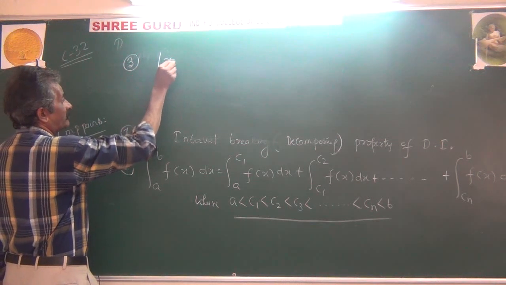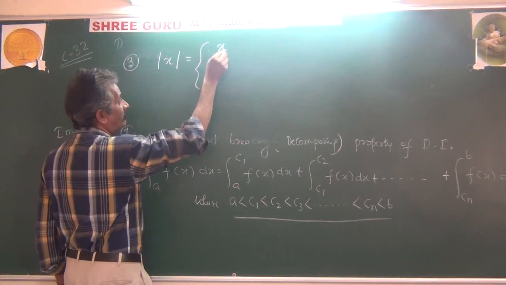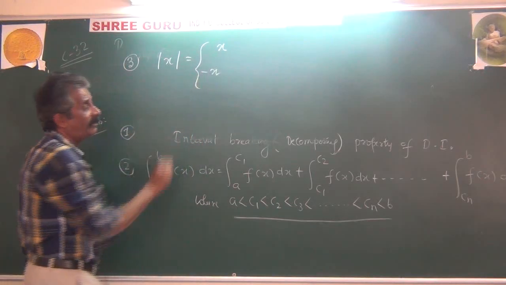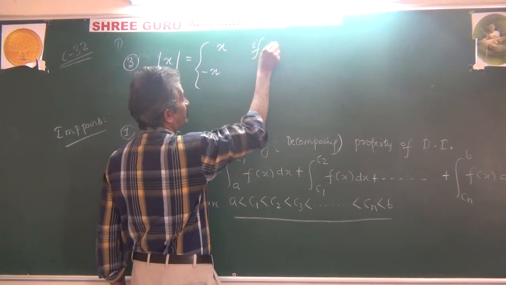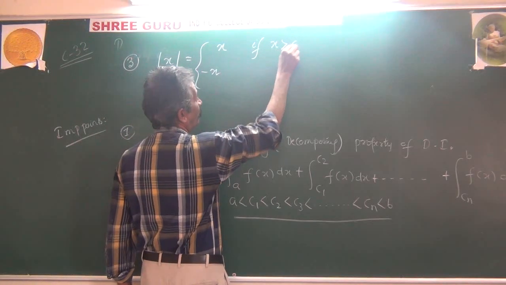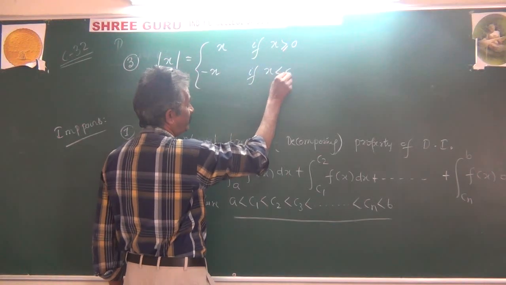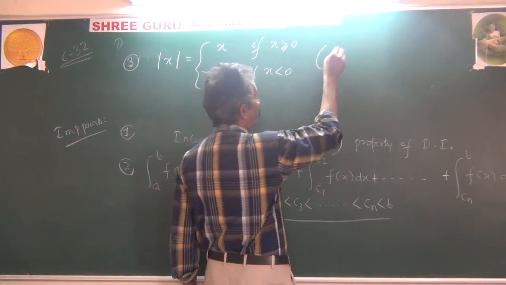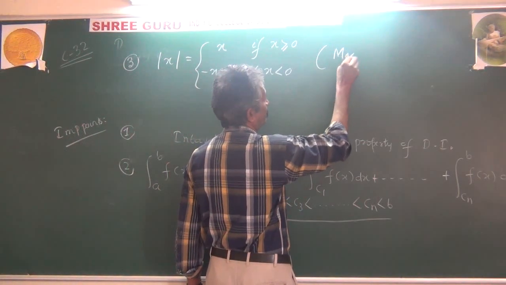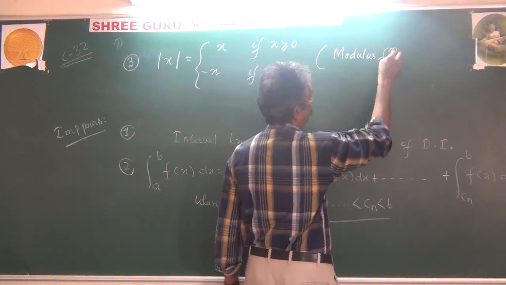Modulus of x is always defined by two values, one value plus x, another value minus x: plus x if x is positive or equal to 0, minus x if x is negative. This is the definition of the modulus function.